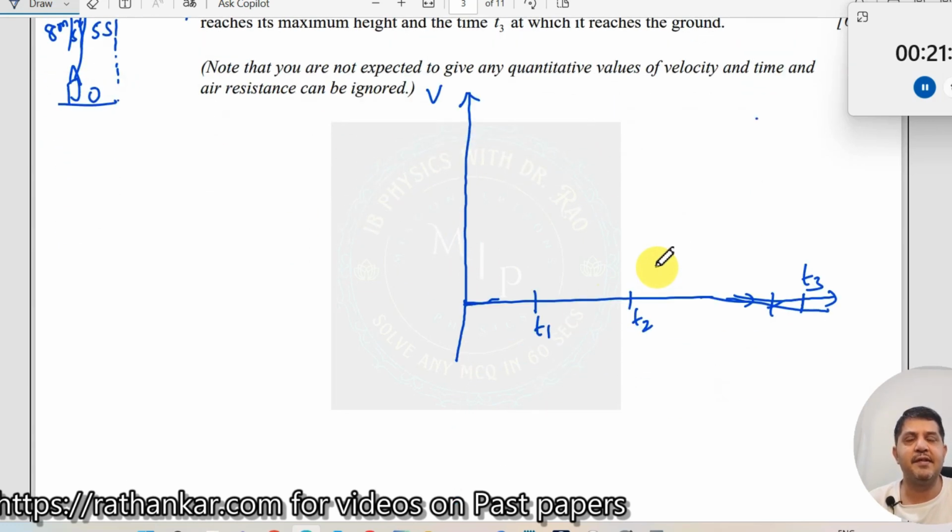So first, what happens? Initially a v-t graph will show a straight line like this, until time t equal to t1. This will be your V max, and you need not give the values, so I'm just keeping it V max. Then after reaching V max, the velocity keeps on reducing.